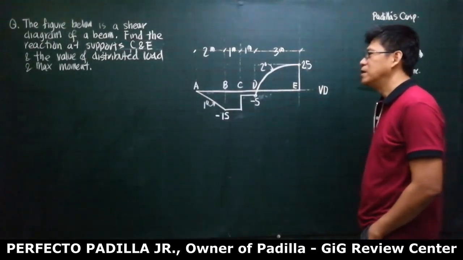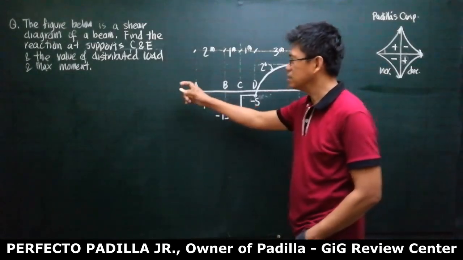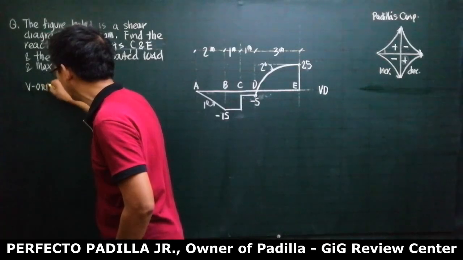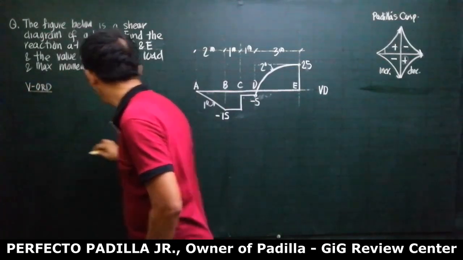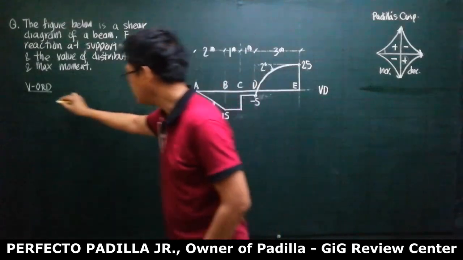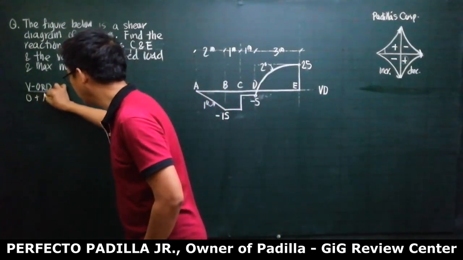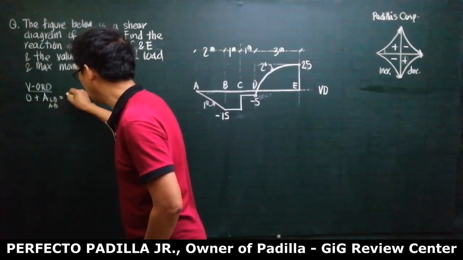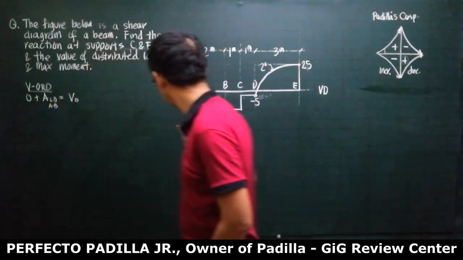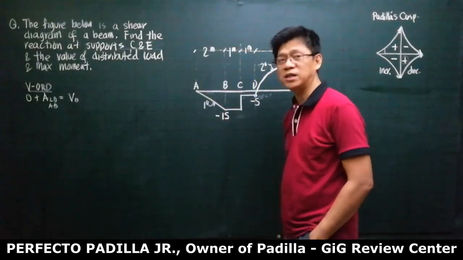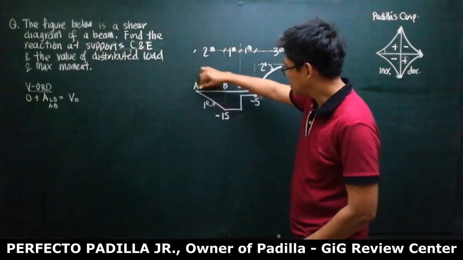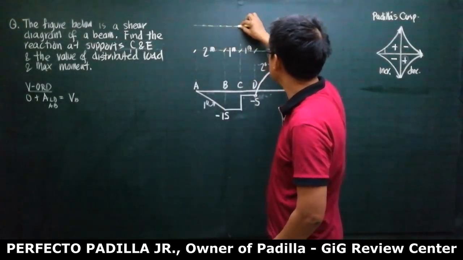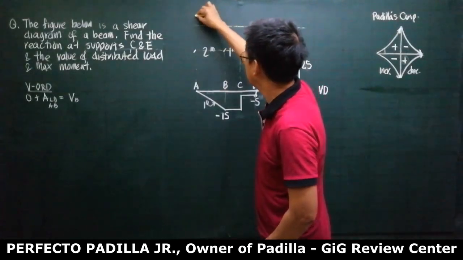Okay? Alright. So, starting with this, writing our shear ordinates. In computing the shear ordinates, starting with 0, 0 plus the area of the load diagram from A to B is equal to the shear at B. And the shear at B is minus 15. This is first degree, meaning the load here is 0 degree, meaning horizontal.